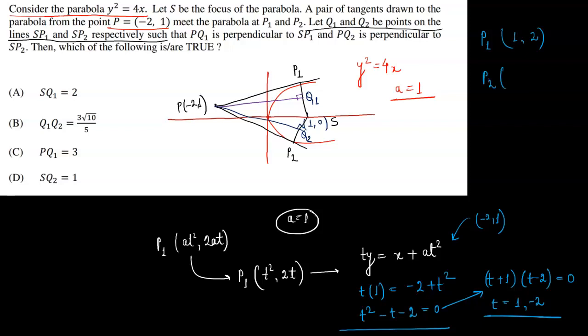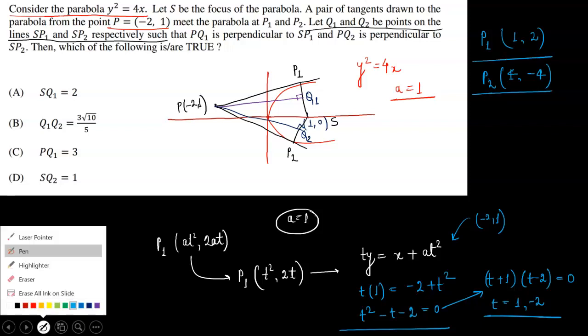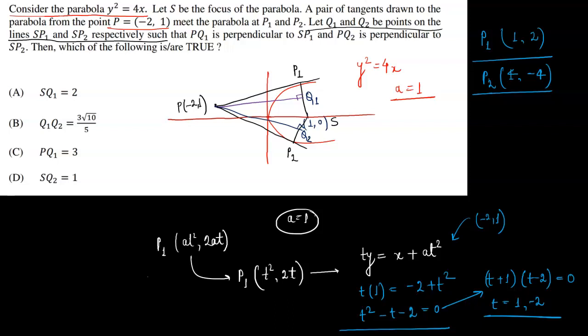Similarly, P2 is lying in the fourth quadrant where y will be negative, so t is equal to minus 1, and on putting minus 1 there will be (1, -2).